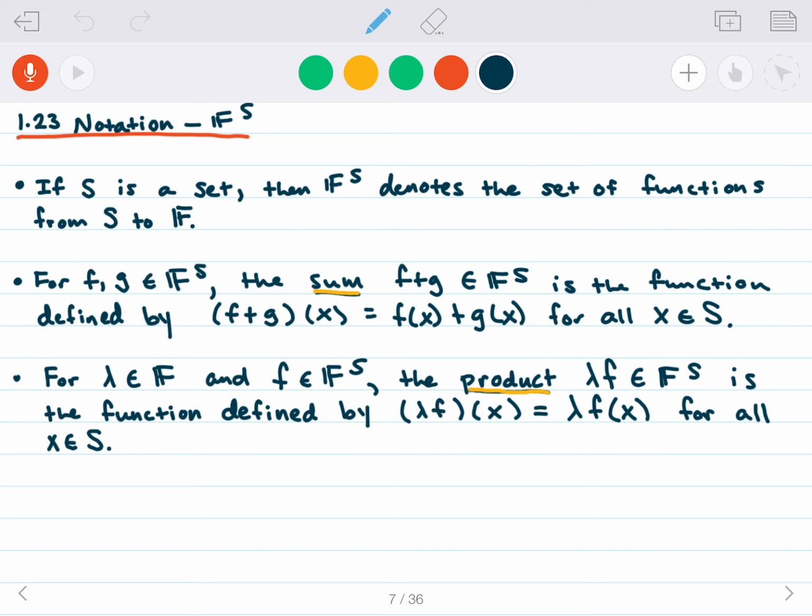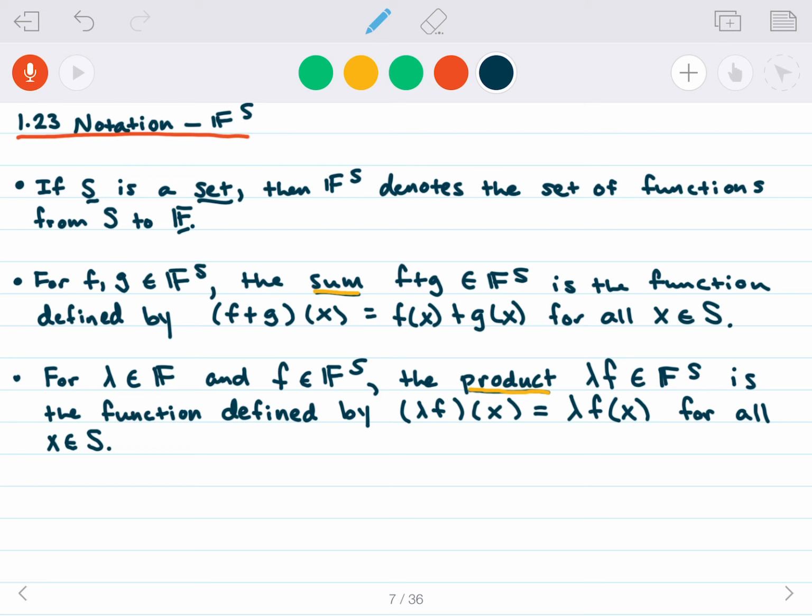Okay, so this is 1.23 in the book, notation F to the power of S. S is going to be our set, and F^S denotes the set of functions from S to our field F. So that's the notation.